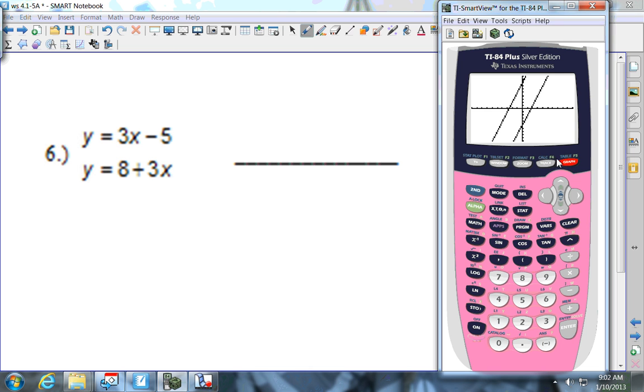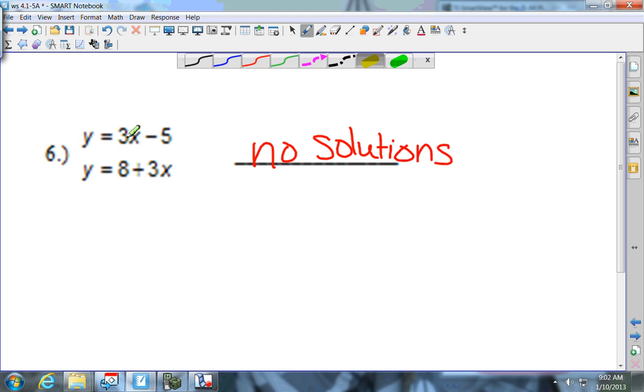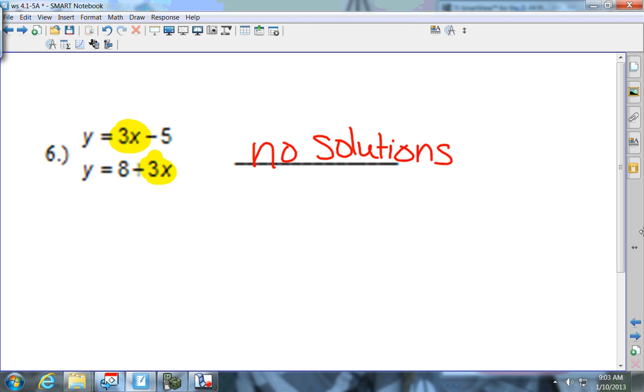You could look in the table, but y1 and y2 are never going to equal each other. And if I do second trace, 5 for intersect, enter, enter, enter. Remember how it gave us an error whenever they were parallel? So right here, that means that there are no solutions. Why is that? Because they have the same slope because they are parallel lines.